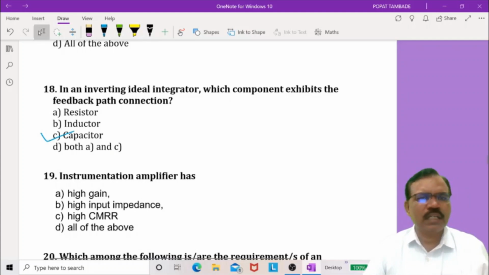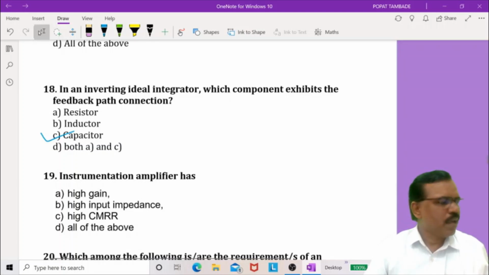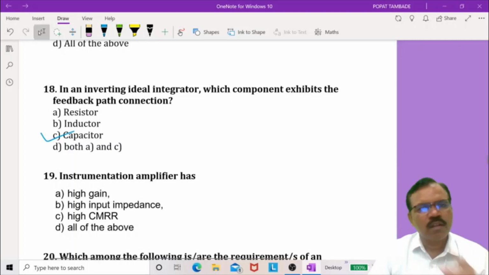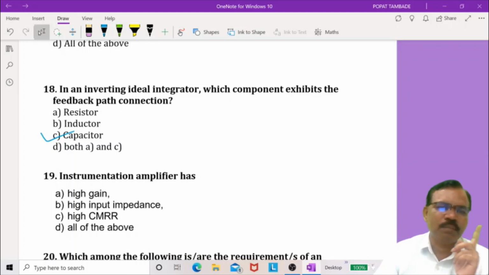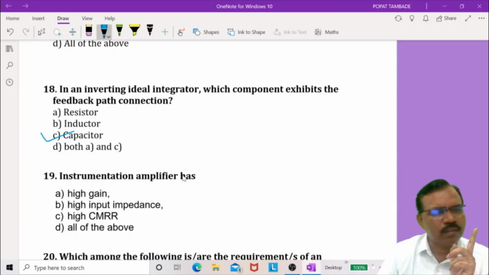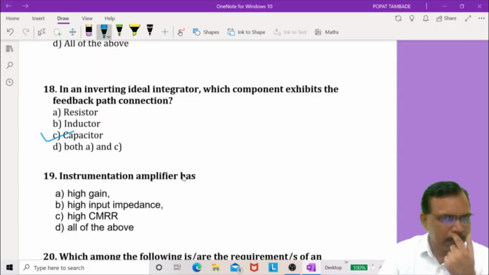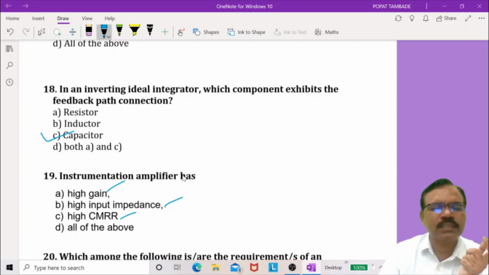Now instrumentation amplifier. Actually an instrumentation amplifier has high gain, high input impedance, as well as high CMRR. What is CMRR? Common mode rejection ratio. So high gain, high input impedance, and high CMRR.